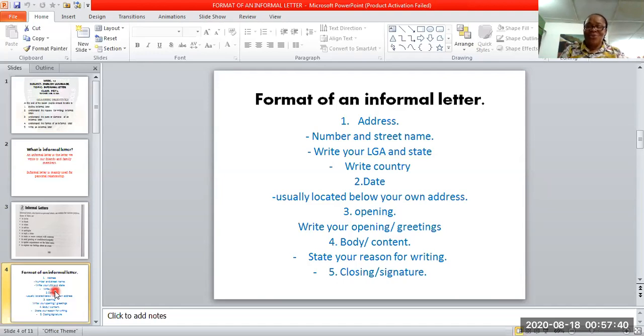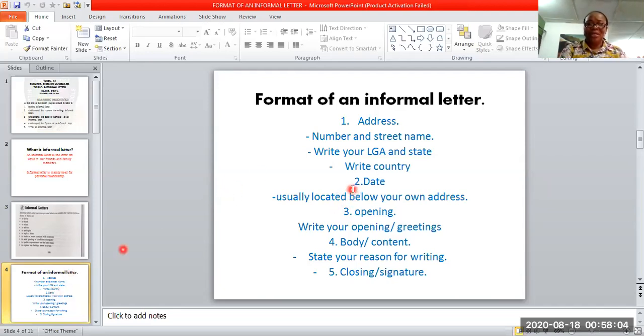Number, street name, local government area, state, and country. So I give you an example again. Number 6, Omololu Street, Surulere, Lagos, Nigeria. That is the first thing to do when writing your letter. Remember, we are talking about informal letter.